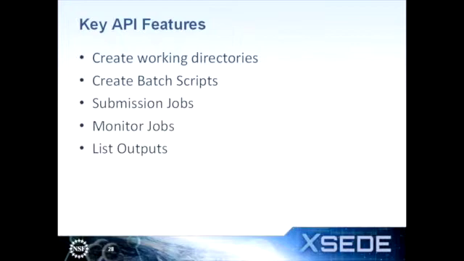We currently support qsub and sbatch for Slurm. We also support very basic job monitoring, where you give the job ID and get the status quickly. In the next set of slides I'm going to talk about how we do proper monitoring with another tool. These are the basic functionalities we support in the job submission API.